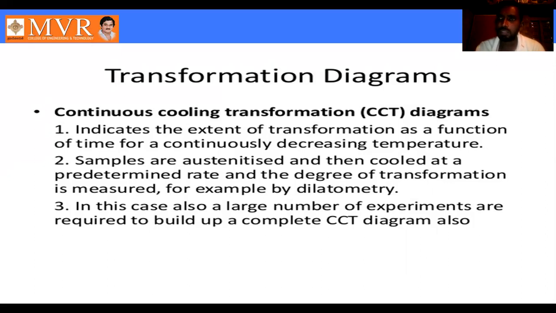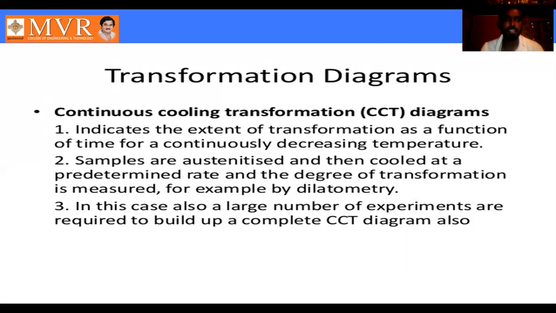So it is the cooling diagram, when the metal goes from liquid to solid. In the TTT diagram we see the variation with time and temperature, but the CCT diagram is especially for continuous cooling.